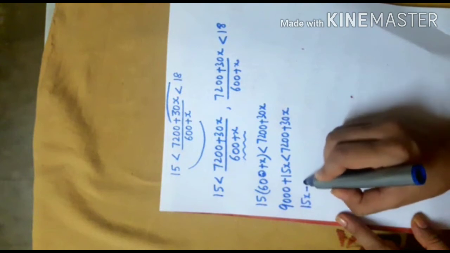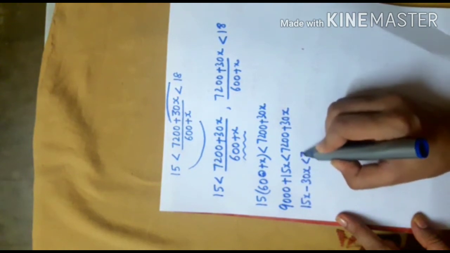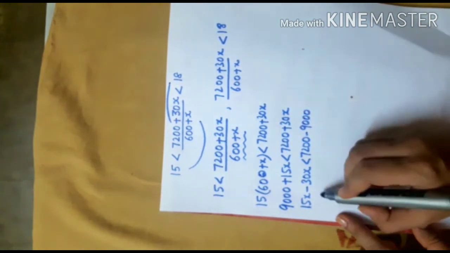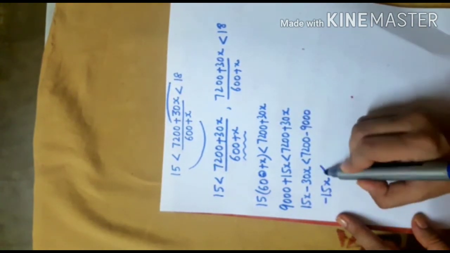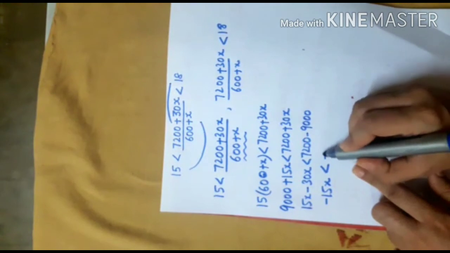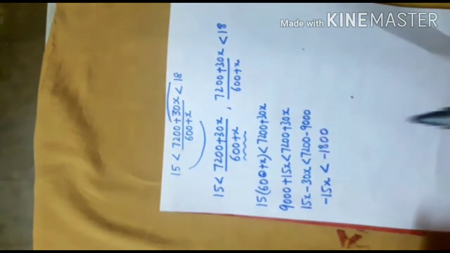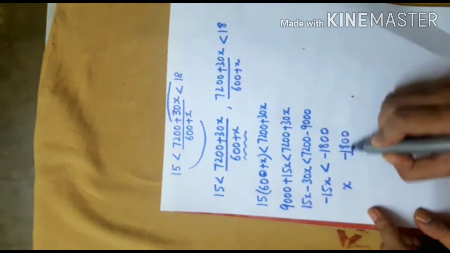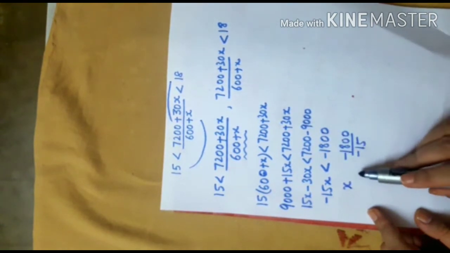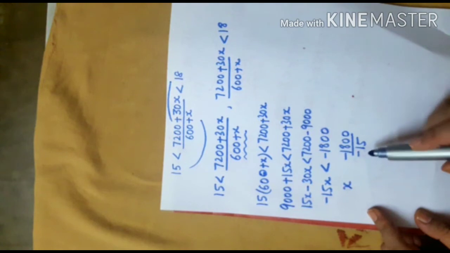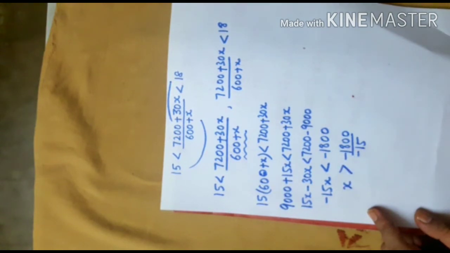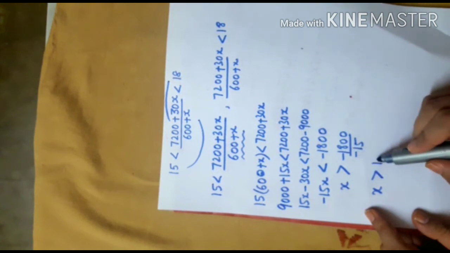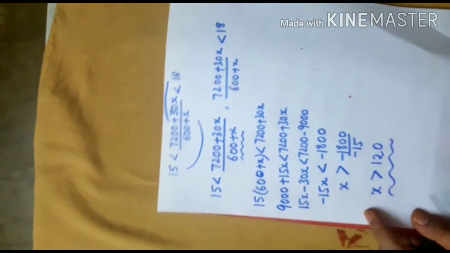So it will be 15x minus 30x less than 7200 minus 9000. Here I'll get minus 15x less than minus 1800. Now as I have divided with a negative number, so sign of inequality will get reversed. So from here I'll get x is greater than 120.